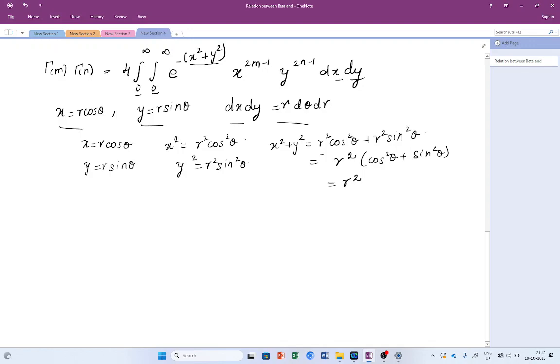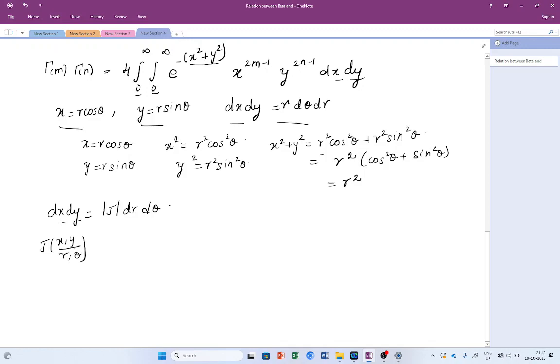Now coming to dx dy. dx dy is derived from the Jacobian into dr d theta. So how do you find the Jacobian? Jacobian of x comma y with respect to r comma theta.